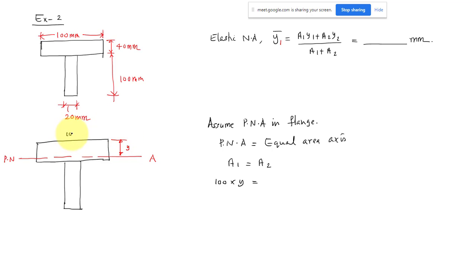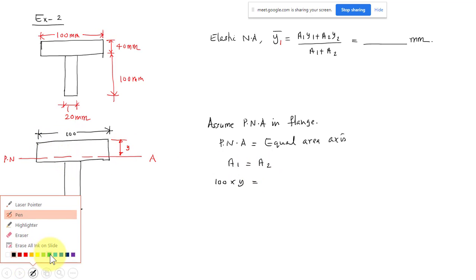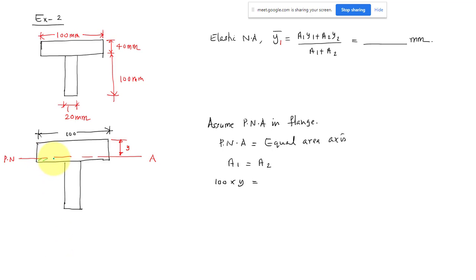So this is 100 into Y, that is equal to, what is this area? The area under tension is this area, this flange plus this web. So this part is 100 into 20, so 20 into 100, plus, what is this gap?